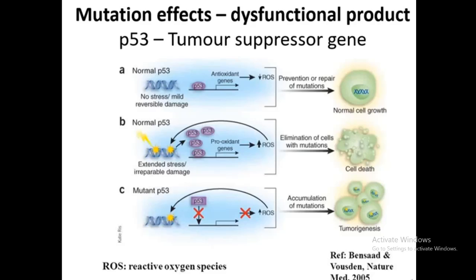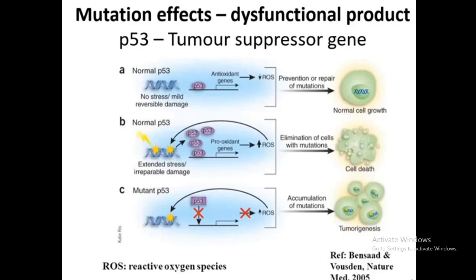Another function of P53 would be that if you have accumulation of damage, what P53 will do at that point when there's excessive damage is upregulate a series of genes that will result in the induction of cell death. And the whole rationale there is that if you have excessive damage to DNA, it's probably better to eliminate the cell rather than daughter cells inheriting that mutated DNA.